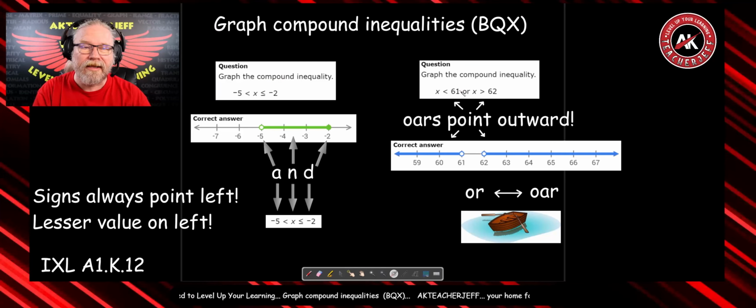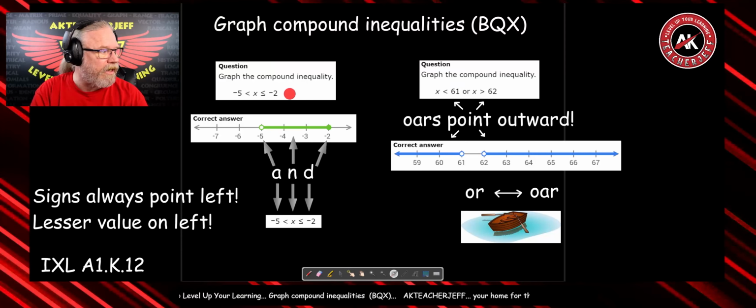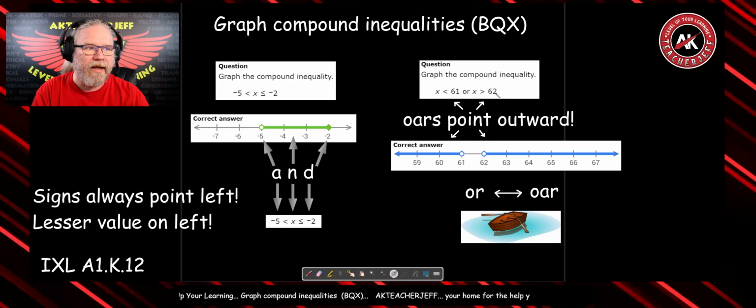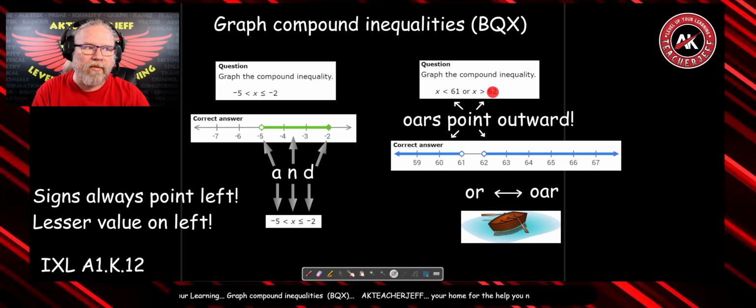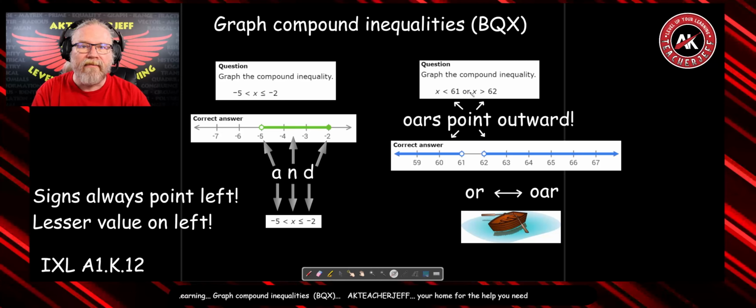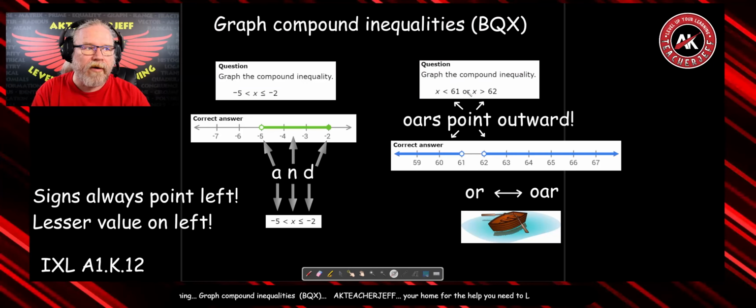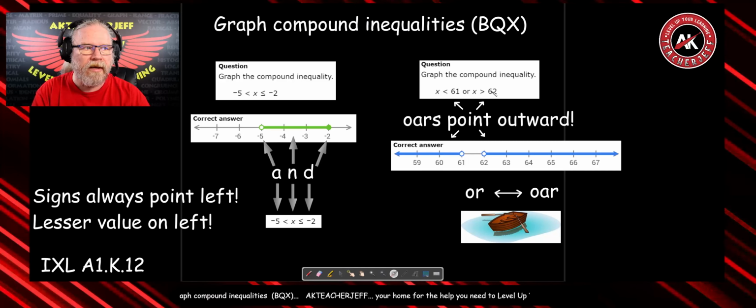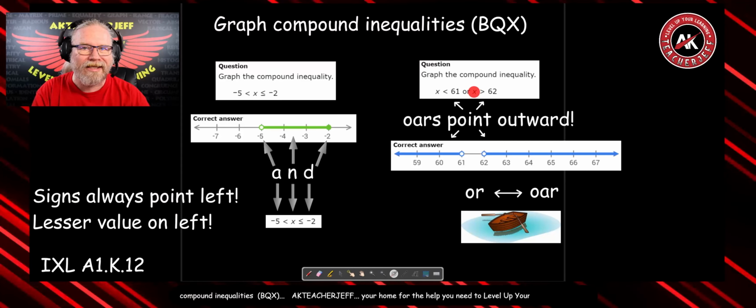And also the lesser value is on the left. So just like over here with the AND situation, the lesser value is on the left and the greater value is on the right. However, the variable always comes first. So over here on the left with the left OR, you list the variable first. Over with the right OR, the variable gets listed first.